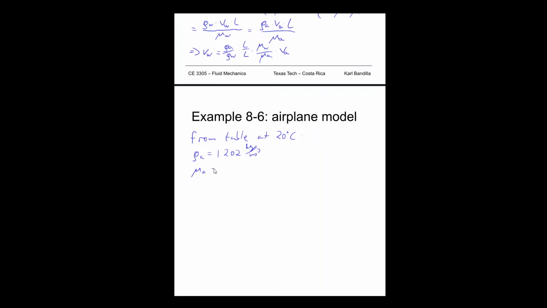Our viscosity in air is 18.1 times 10 to the minus 6 Newton seconds per meter squared.